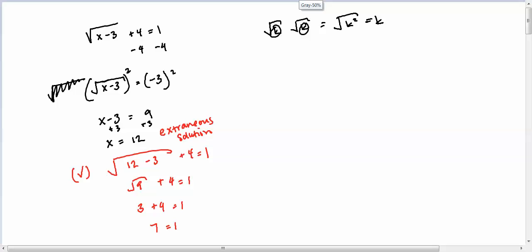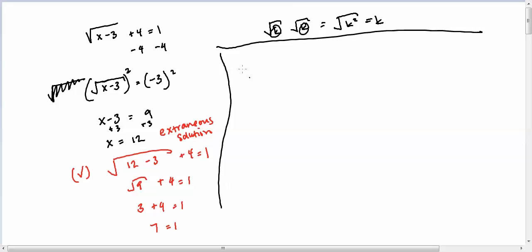If we were to go back to what we call graphical transformations, I could graph this thing in a graphing calculator, but I think this would be a great opportunity for me to show you a little bit about graphical transformations.